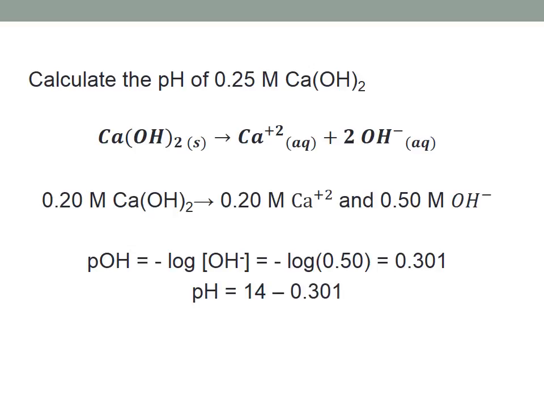Once I have pOH, I know the relationship between pH and pOH is that they add to 14. I can subtract that pOH value from 14 and I get a value of 13.70. Or I could have used the Kw equation, dividing Kw by the hydroxide ion concentration. Once I get my hydrogen ion concentration, we could have found the pH.